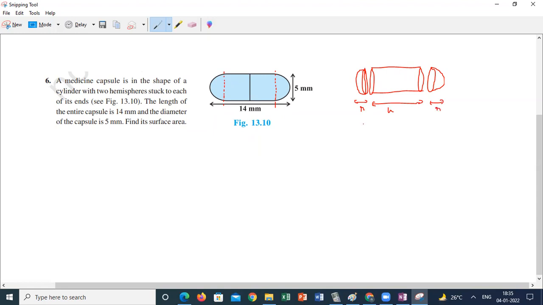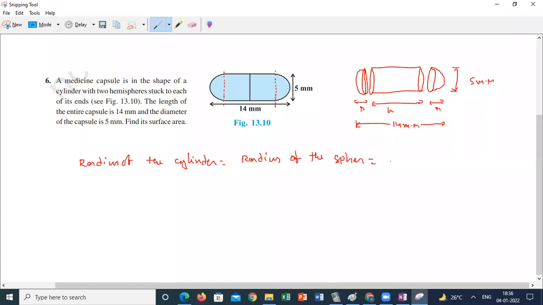The total length is 14 mm, and the diameter of the cylinder or sphere is 5 mm. So the radius of the cylinder is equal to the radius of the sphere, which is 2.5 mm.